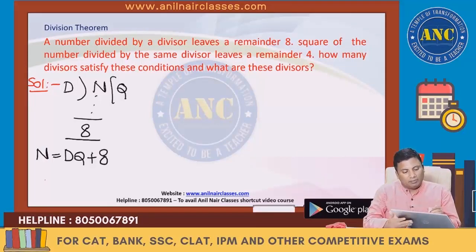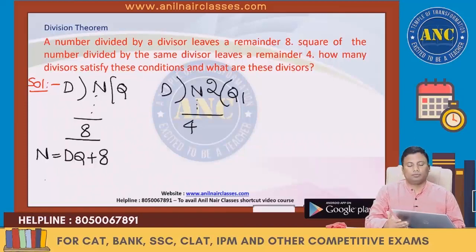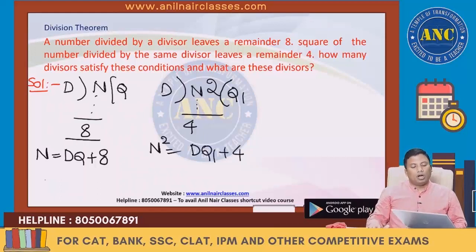Square of the number, n square, divided by the same divisor d, with a different quotient q1, leaves a remainder 4. So n square is nothing but dq1 plus 4. Are you with me?